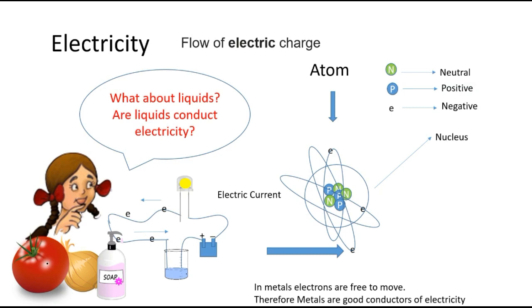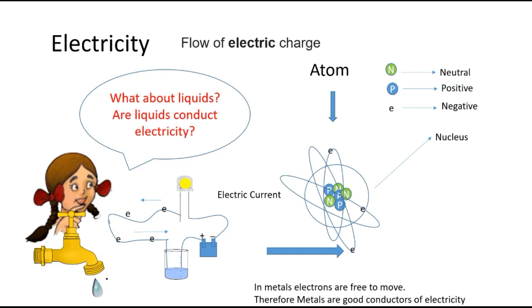And therefore, vegetable juice, soap water, and even salt water, if you put some salt into the water and then do the same experiment, you will find salt water also conducts electricity. Right? What about tap water then? Tap water contains some salt. It's not pure water. And if you take salt water, there also you will see that it allows the electricity to flow. And therefore, salt water is also a good conductor of electricity.